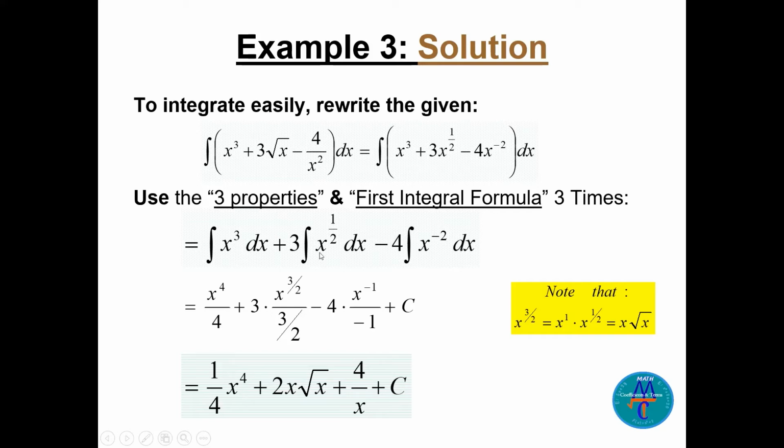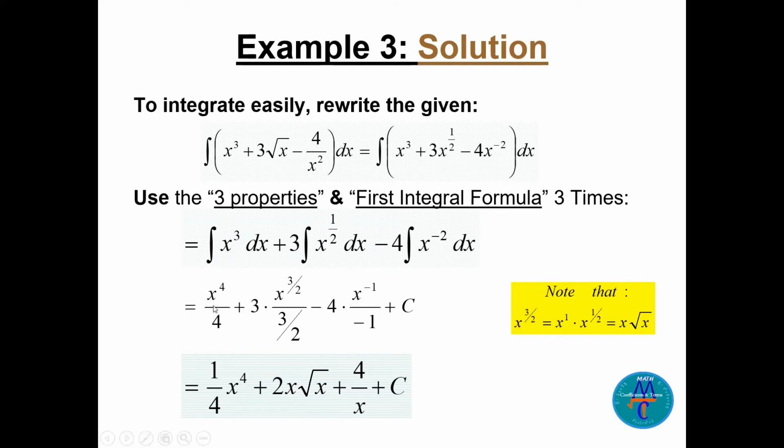Now this will be x power 4 over 4 plus 3. This you add 1, so x to the power 3 over 2 divided by 3 over 2. And here we have minus 4. You add 1 here, minus 2 plus 1. It will be minus 1 divided by minus 1 plus c.